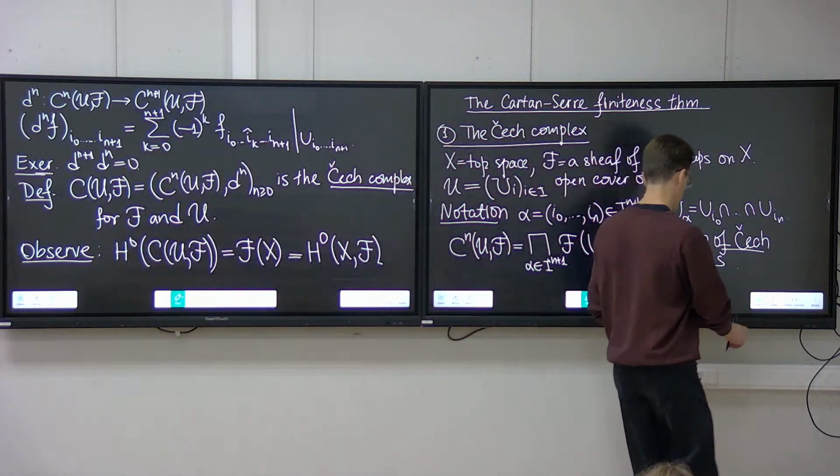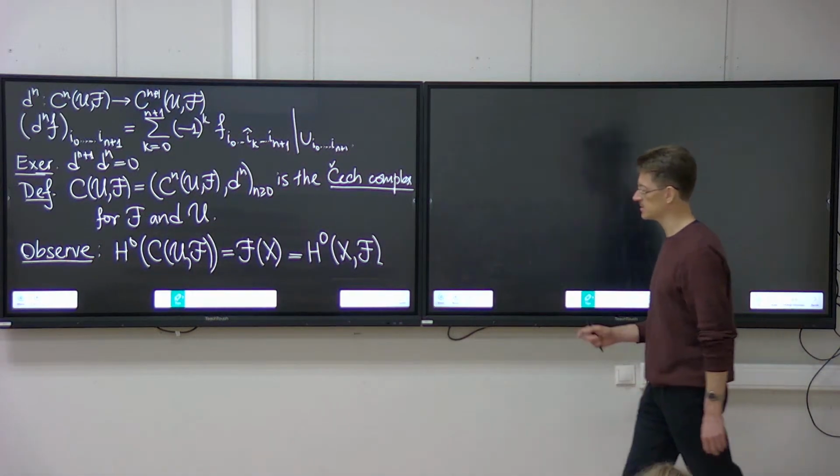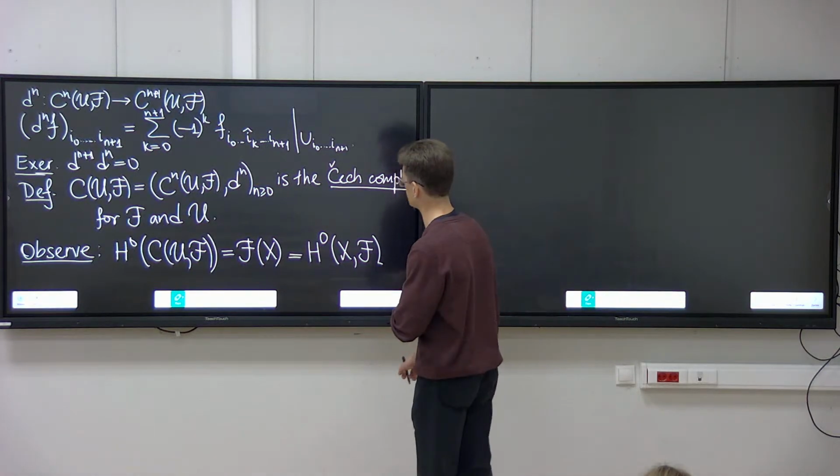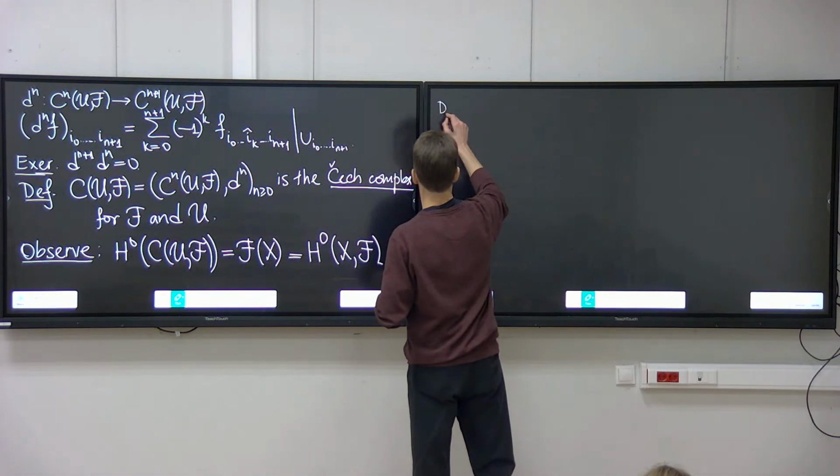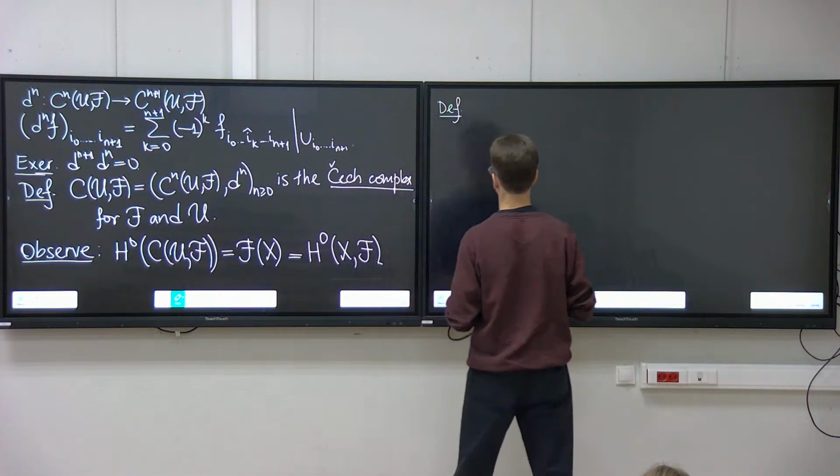In some cases, a similar result holds for the higher cohomology groups. So let's give the following definition.